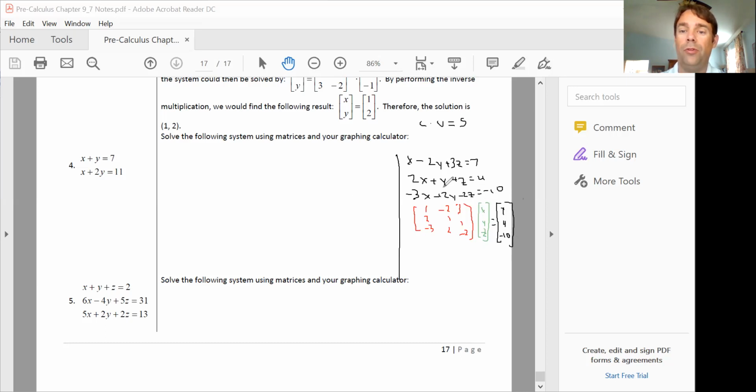So what we're going to do here is we're going to take the inverse of our coefficient matrix. So you can shorthand this eventually if you want to. So I'm going to take that 1, 2, 3. Negative 2, 1, 2. Three, 1, negative 2.